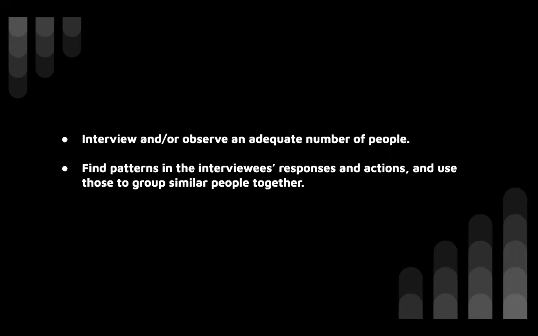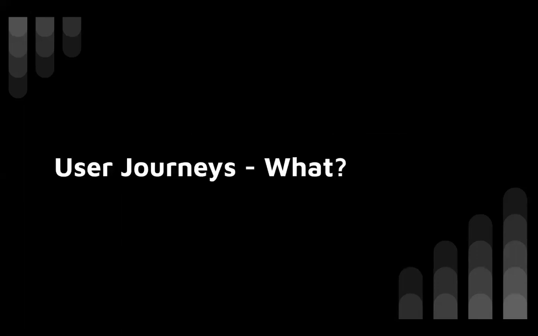Okay, so let's move on to user journeys. Let's use the bigger definition. They say a user journey is a series of steps, typically 4 to 12 steps, which represent a scenario in which a user might interact with the thing you are designing.